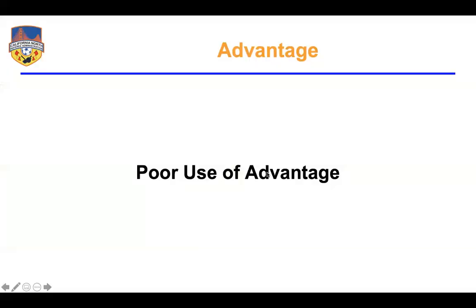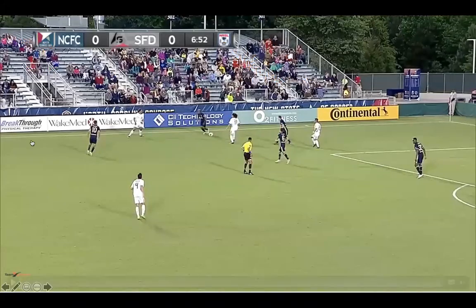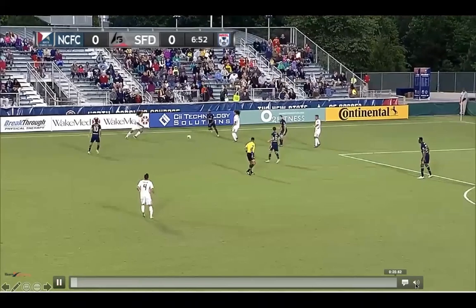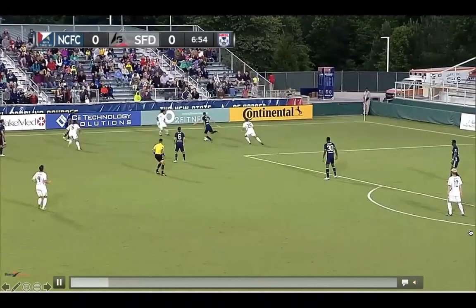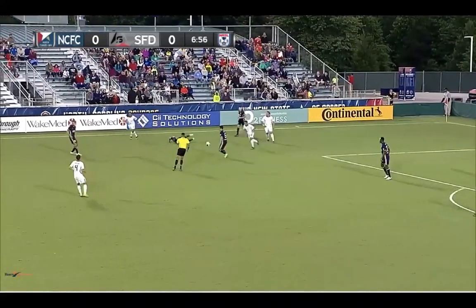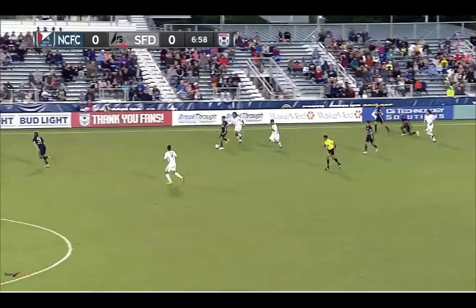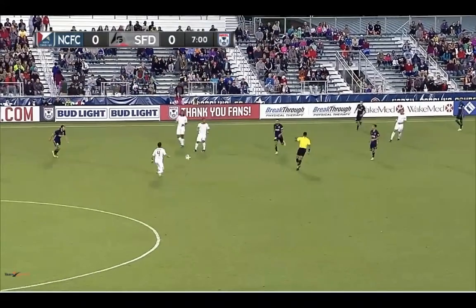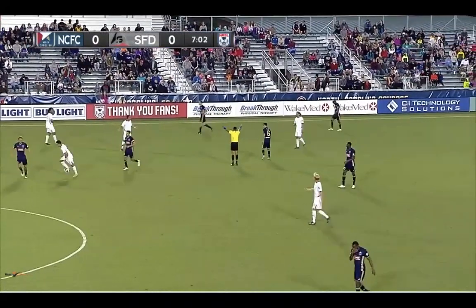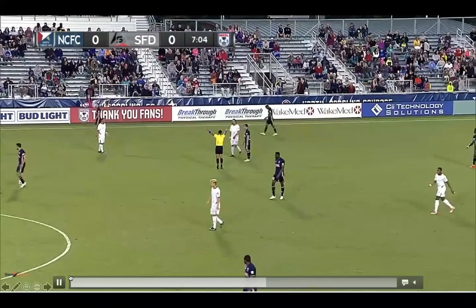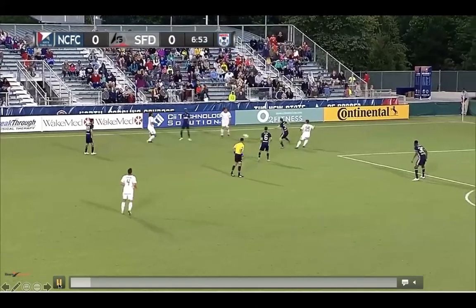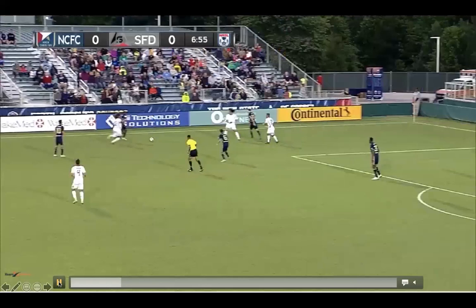All right, so now let's look at some examples where it's probably not ideal to use advantage. So here we have a foul that happens, again, in the defensive third.